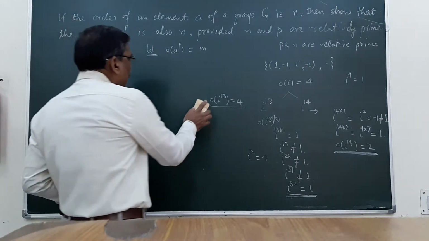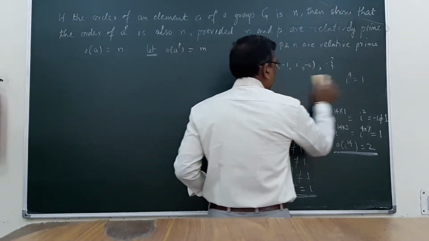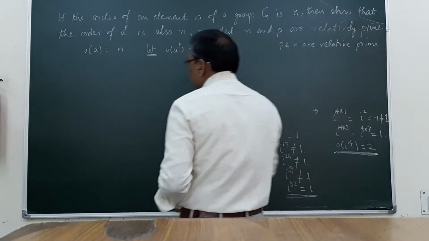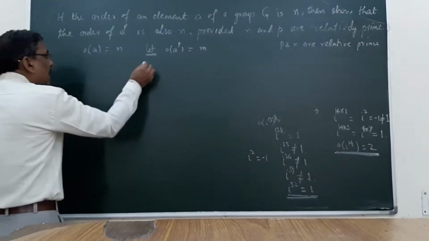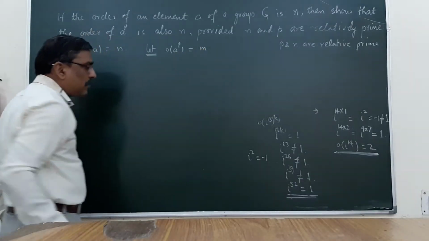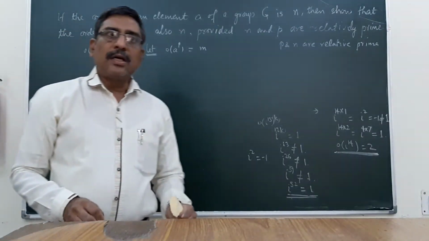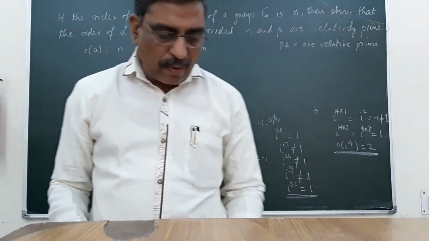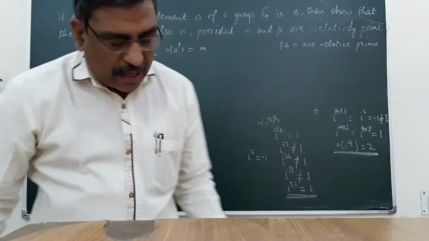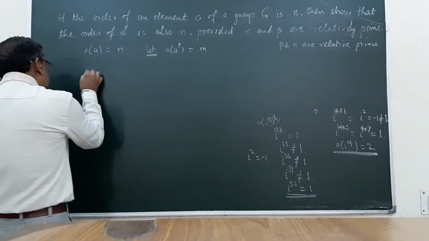But we have to prove this mathematically also. So, let us take order of a^p is equal to m. Means order of a raised to the power p is m, and we know order of a is equal to n.